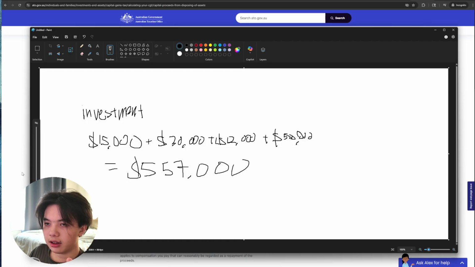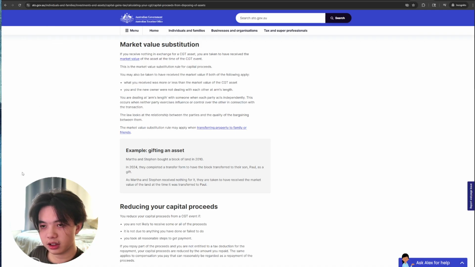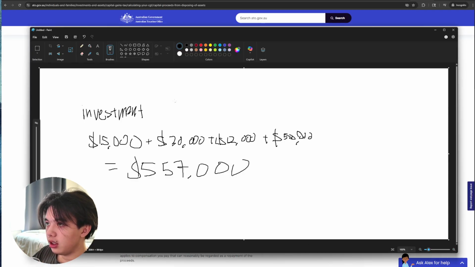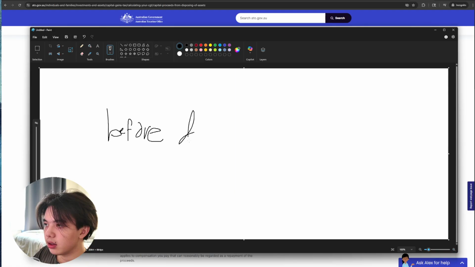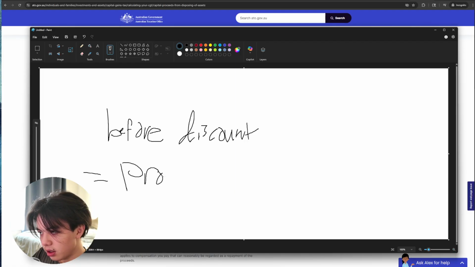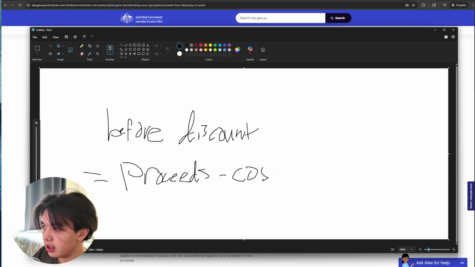To work out your capital gain or loss, take the capital proceeds from step 2 and the cost base from step 3, and subtract the cost base from the capital proceeds. Essentially, it's the capital gain before discounts, which equals the proceeds minus the cost base.